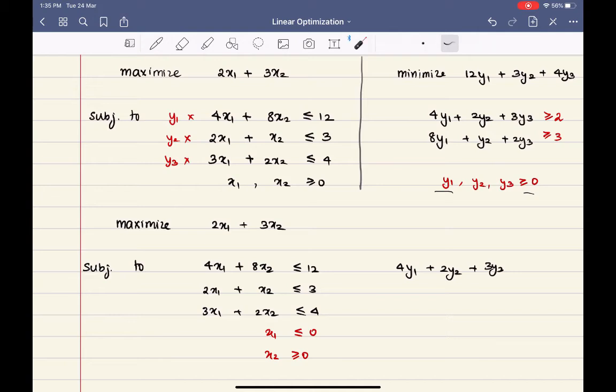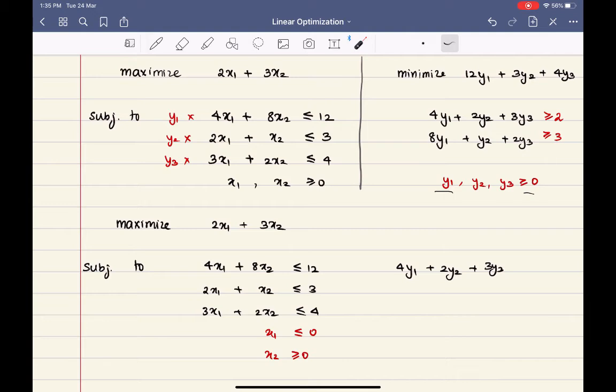When x1 was bigger than or equal to 0, we wanted this thing to be bigger than or equal to 2, giving us an upper value.